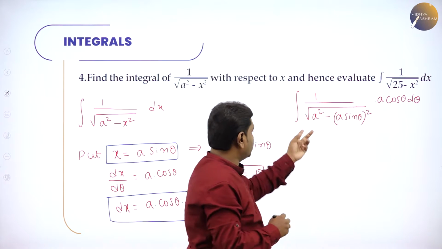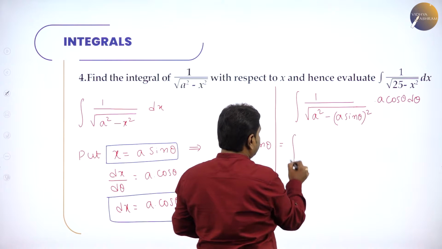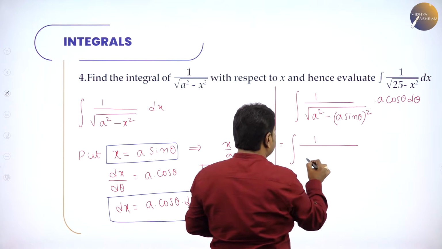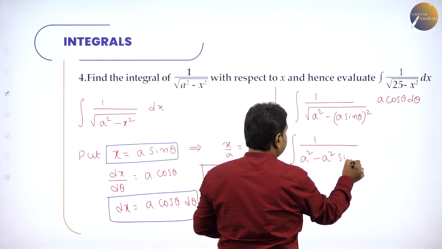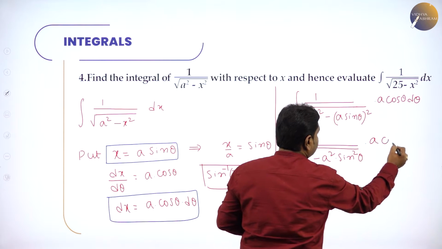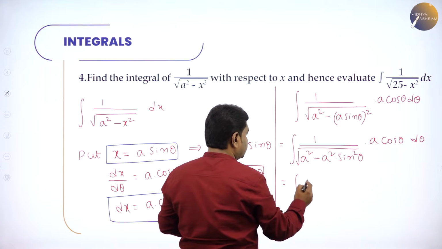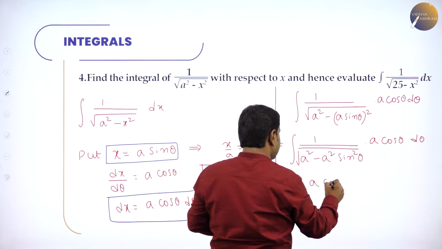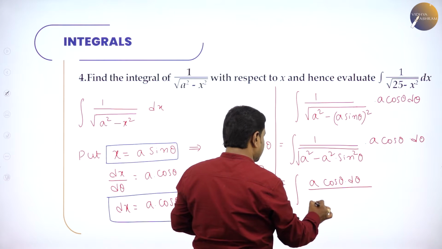Further, you can take a square common. So here, that is equal to integration of 1 divided by, in these two I can write a square minus a square sin square theta under the root, into, we have a cos theta d theta in denominator. So a cos theta d theta into 1 is a cos theta d theta. In denominator, in these two you can take a square common.